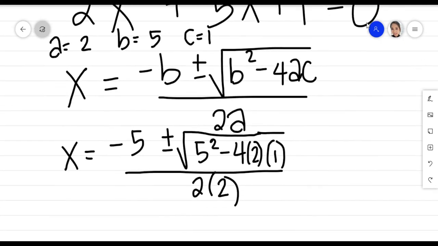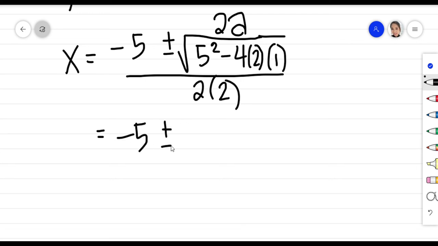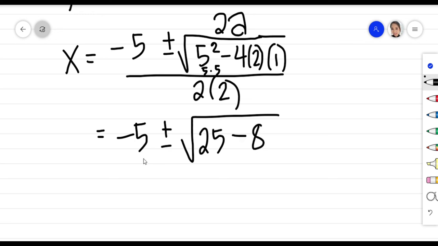Now let's simplify this one. That is negative 5 plus minus square root of 5 squared, which is 5 times 5, so that is 25. Negative 4 times 2 is negative 8, and negative 8 times 1 is negative 8. All over 4 because 2 times 2 is 4.